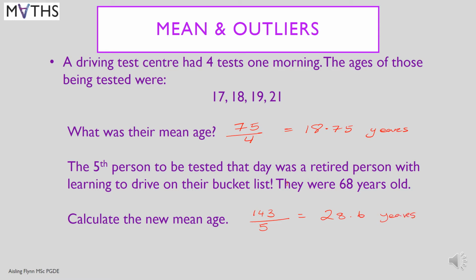So the outlier has very much affected the mean. If someone were to ask what kind of people are taking the test that morning, and you reply 28.6 years was the mean age, it doesn't reflect what really happened. It suggests that people are much older taking their driving tests, which they aren't.